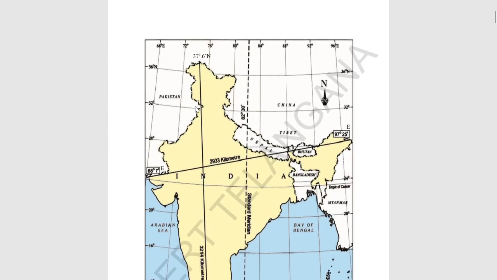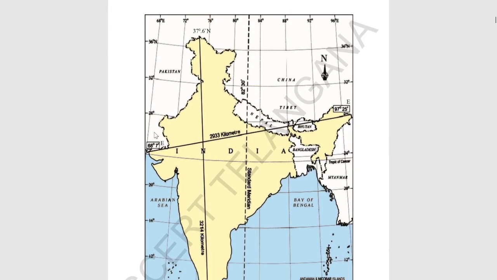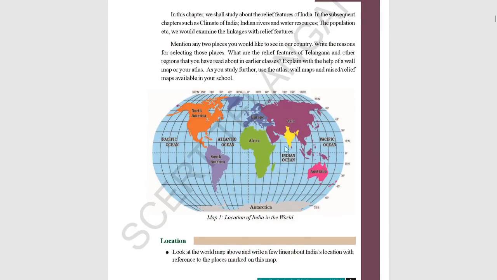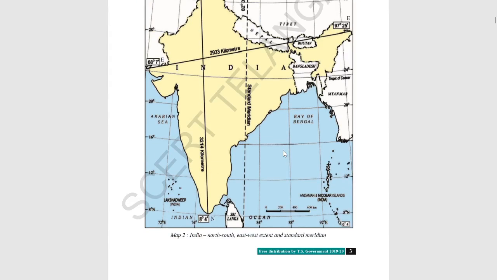And this is the India map. See, India covers these latitudes and longitudes, written from west to east. West is 68 degrees 7 minutes east to 97 degrees 25 minutes east. Since our India is located in the eastern hemisphere, that's why we use east.